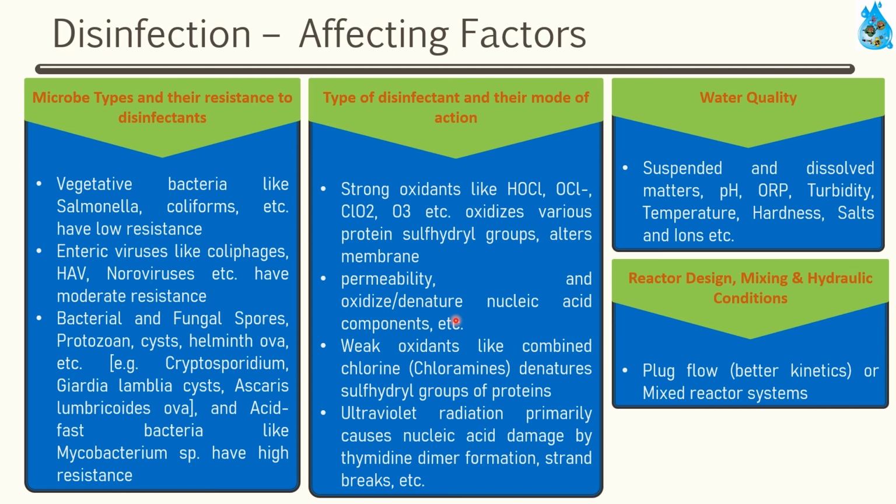Otherwise, if you choose a random disinfectant for the treatment, it may affect the characteristics of the water with reference to potability. A higher chlorine dose may affect pH. Higher ozone may increase toxicity.